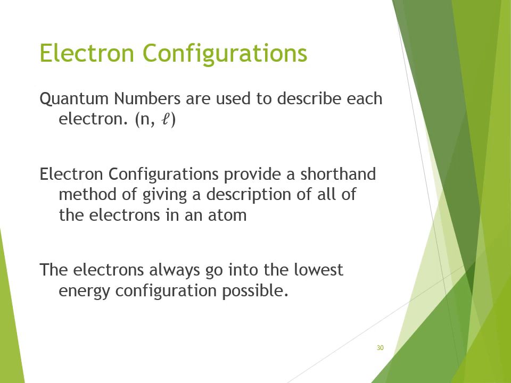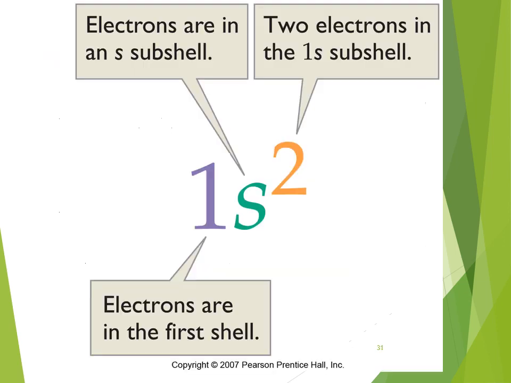It's important to note that electrons always go to the lowest energy configuration possible. So here's a representation of electron configuration. The first number represented, in purple here, this number 1, that's representing our principal quantum number.